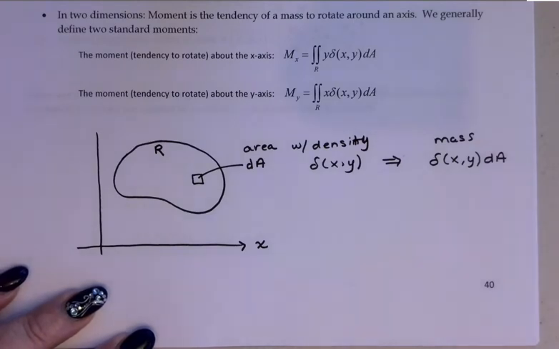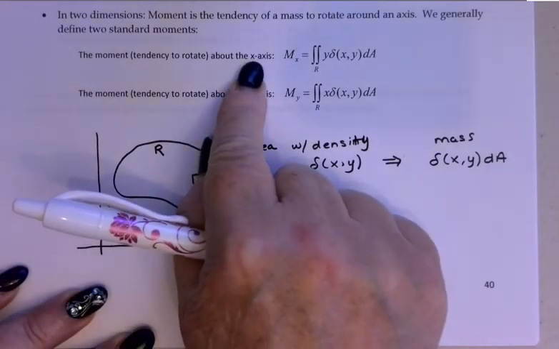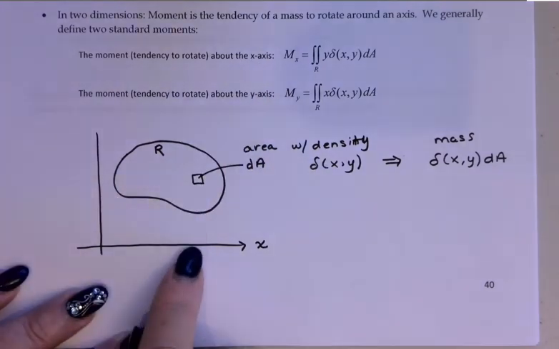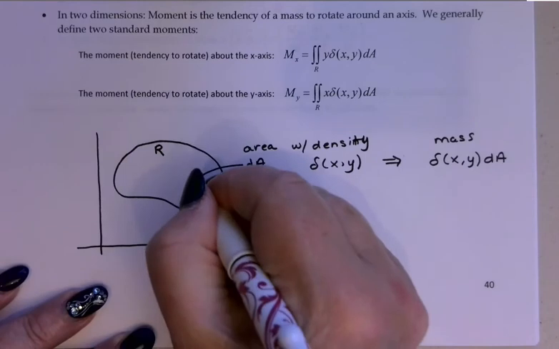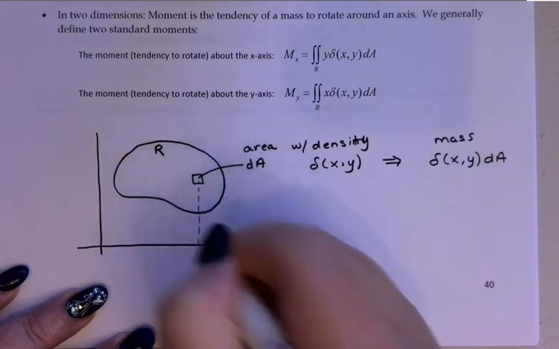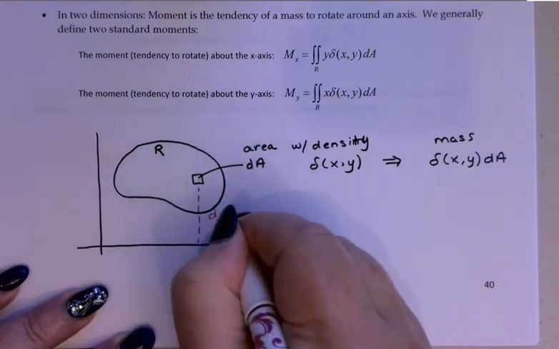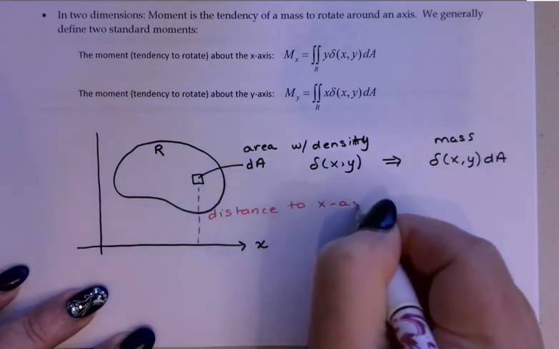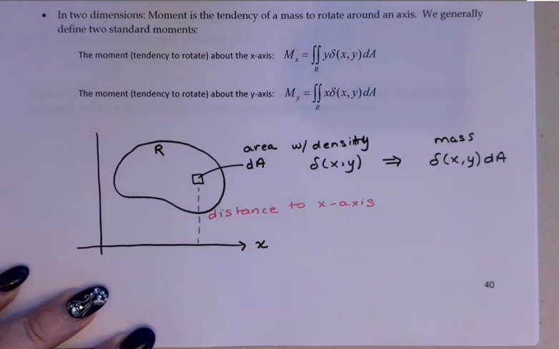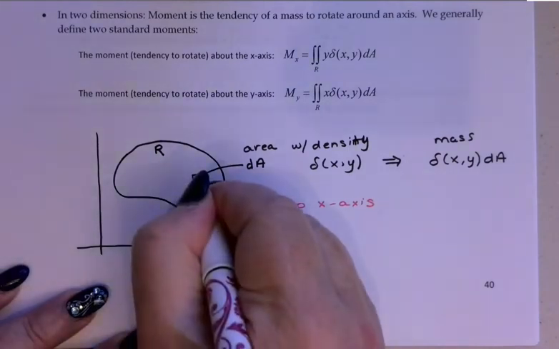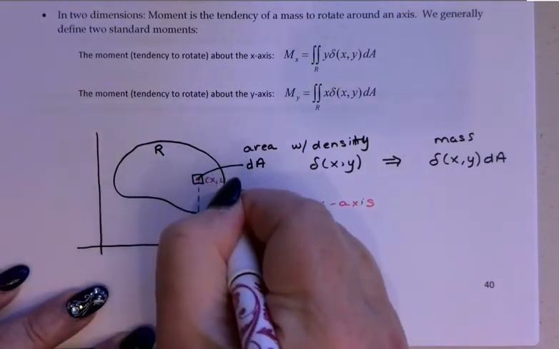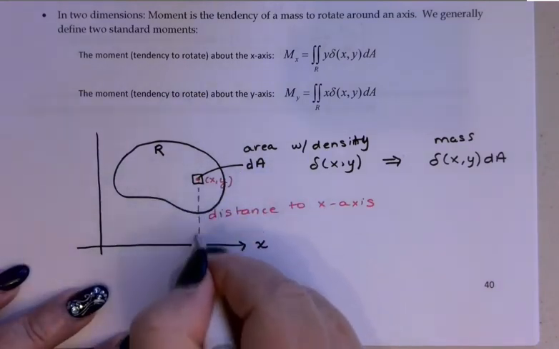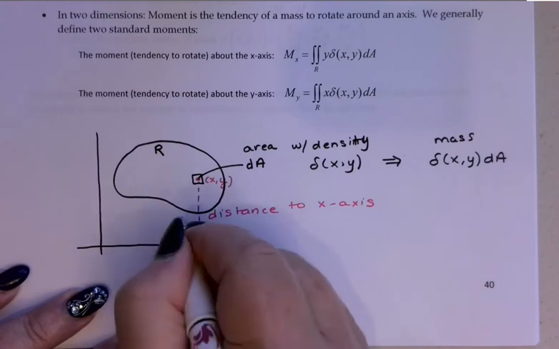Well, if I'm doing my moment with respect to the x-axis, I need the distance from that little chunk to the x-axis. So this is my distance. Notice that I've got some random point x, y inside my little dA here. Then the distance is really just the y value.